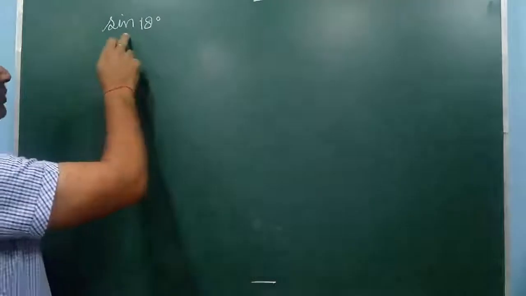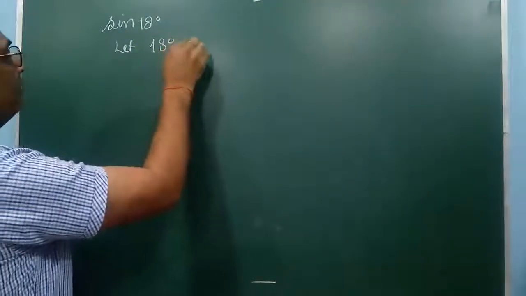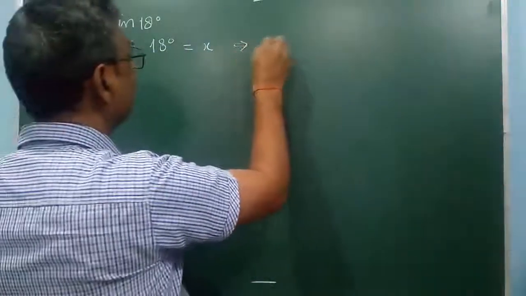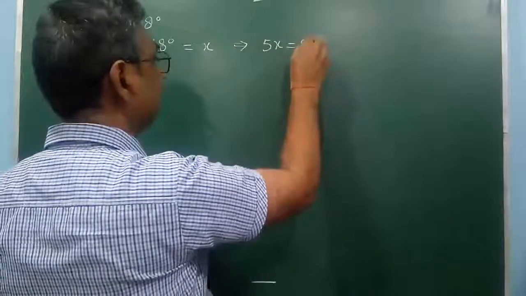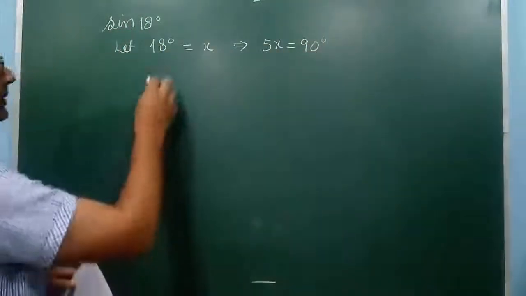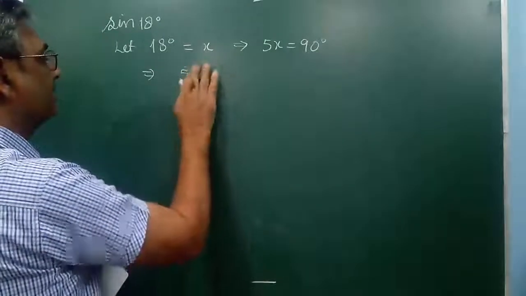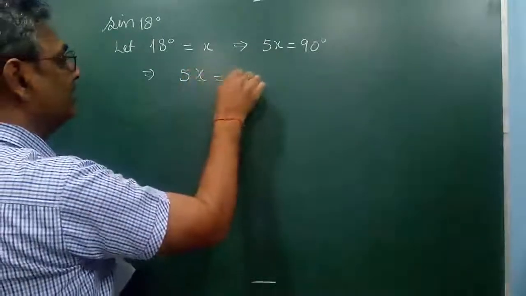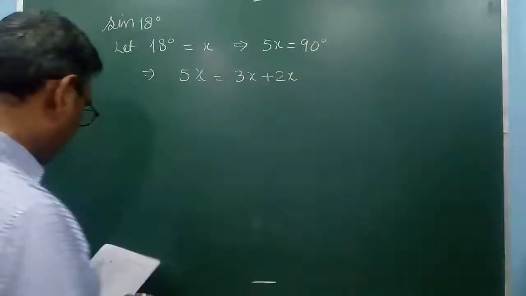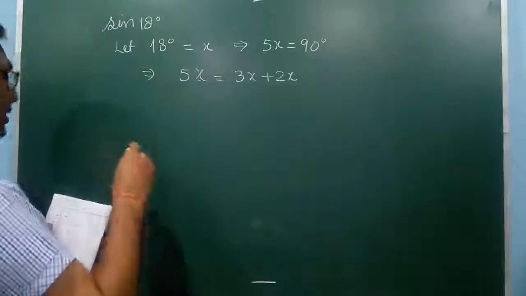Now, what we have to do, we say that let 18 degree equal to say x, and this implies that 5x equal to 90 degree. That implies we can write 5x as 3x plus 2x. Now, what can we do here?